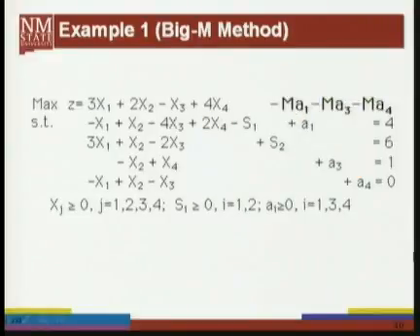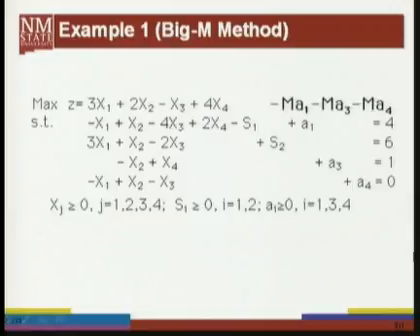So for the first and third and fourth row, negative M times a sub i is added to the objective. Of course, here M is very big number. Okay? Now we can construct an initial table based on this standard LP and implement simplex algorithm to find the optimal solution.